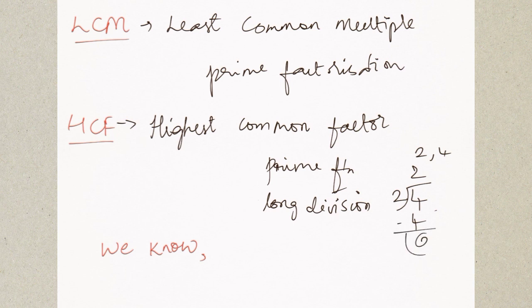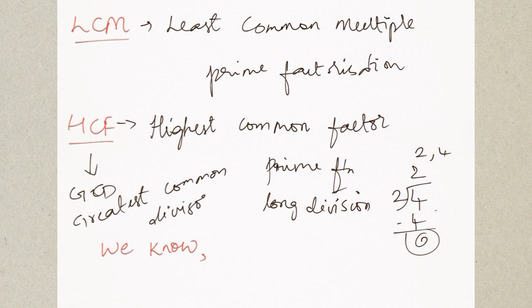HCF is also called GCD, greatest common divisor. I'll write it here so that it will be noted for you also. In this method, that name suits very well. Here, what is the greatest common divisor? For the last one, whatever you get, that is the answer.